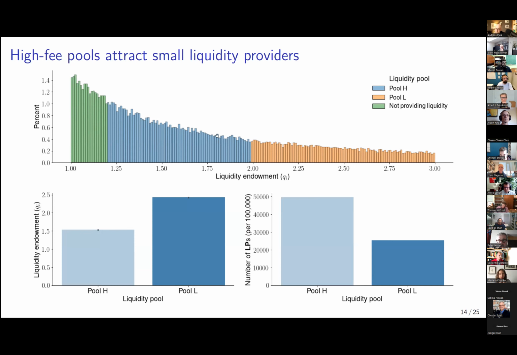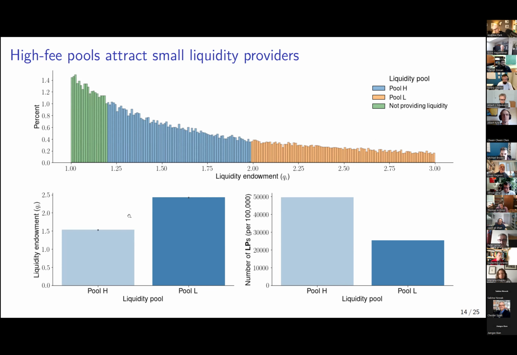Then the smaller liquidity providers are going to go to the high fee pool because they want to avoid rebalancing very often. And the liquidity providers with a very large endowment, for whom the fixed costs are relatively small, are going to compete on the low fee pool. So they're going to provide liquidity where most of the trading actually happens.